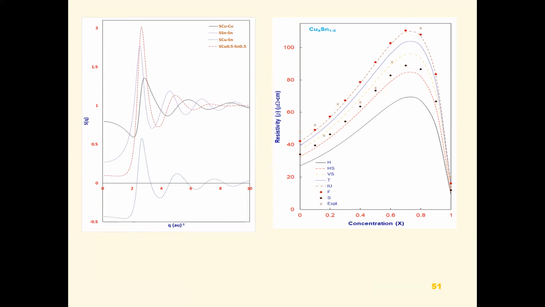Then you can find the value of the total structure factor, represented by the dotted red line. The total structure factor gives the total structure factor of the particular liquid material, along with the partial structure factors related to the different components of the metals.